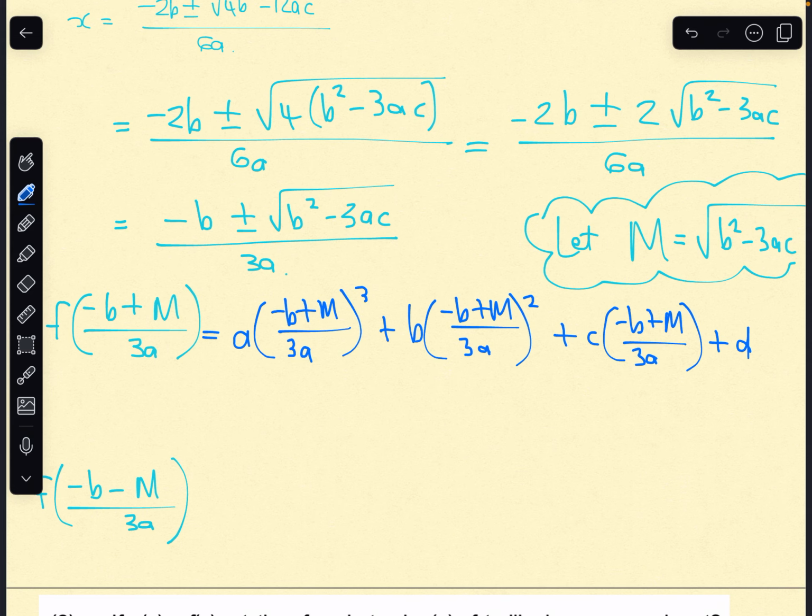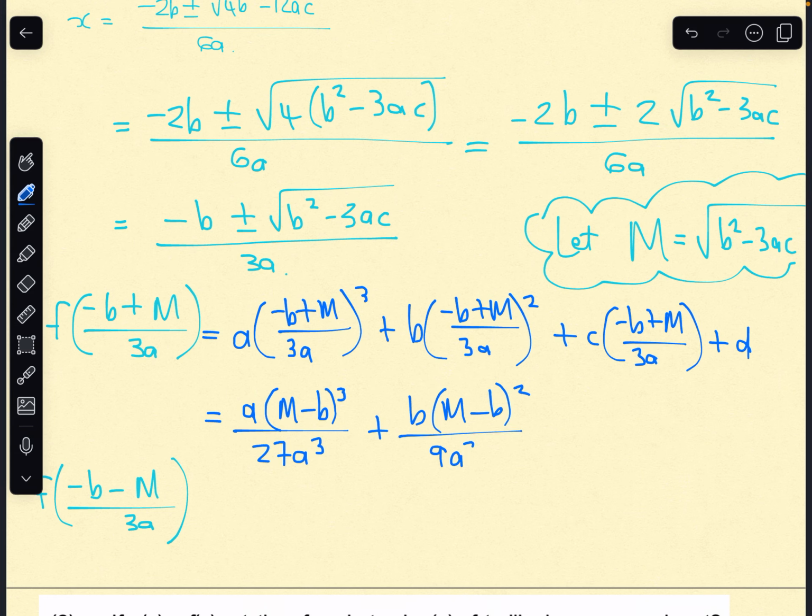Okay, so that will be a times ((m minus b) cubed over 27a cubed) plus b times ((m minus b) squared over 9a squared) plus c times ((m minus b) over 3a) plus d.